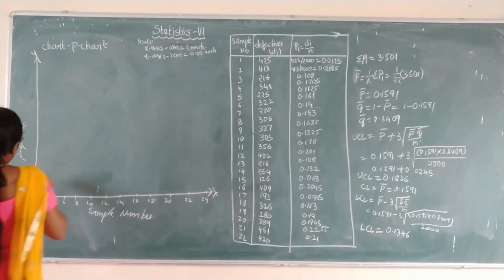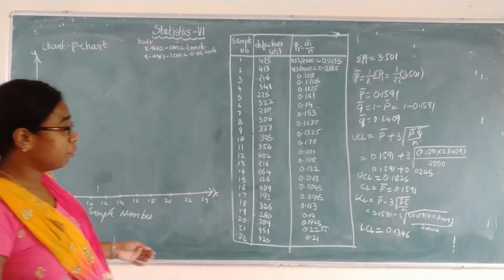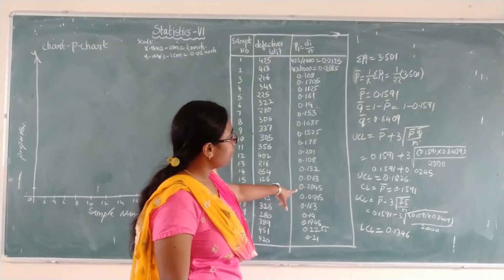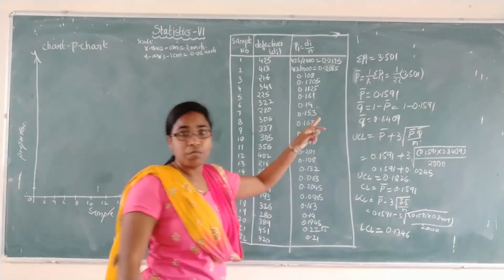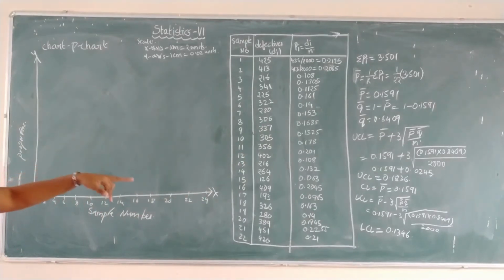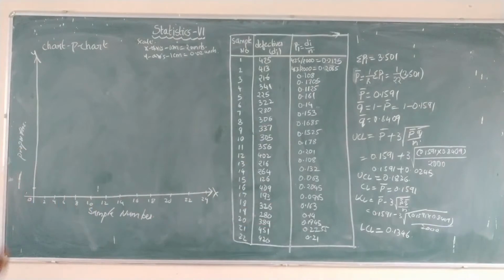Start with 0.02 up to the last value we want. We have values up to 0.2, so we will draw the axis up to 0.22 or 0.24.